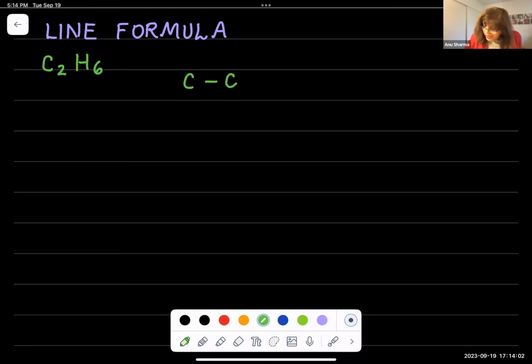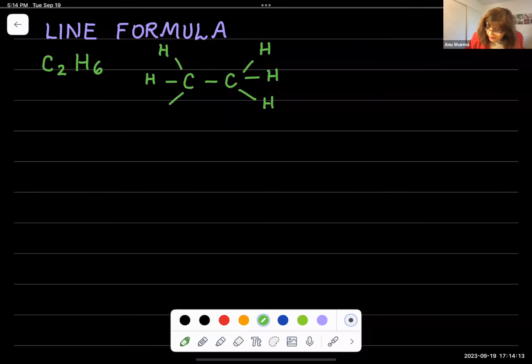Two carbons, with one hydrogen here, one here, and one here, and then on the other carbon one hydrogen, one hydrogen, and one hydrogen. This way each carbon is making 4 bonds, and 6 hydrogens have been used up. Hydrogen can only make 1 bond, so this is the right structure, the Lewis structure.